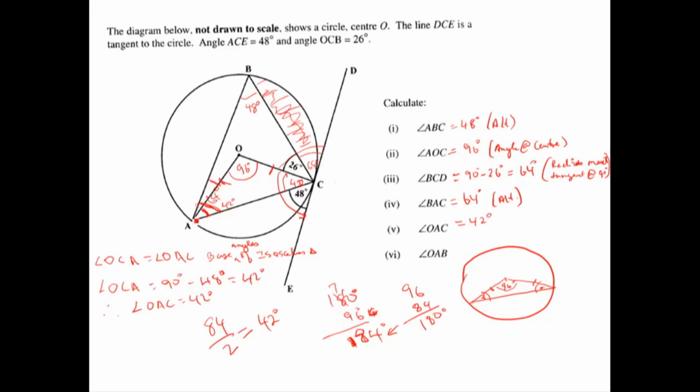Angle OAB. We can find angle OAB quite quickly by putting 64 degrees minus 42 degrees, and that will be equal to 22 degrees. And that's about it.